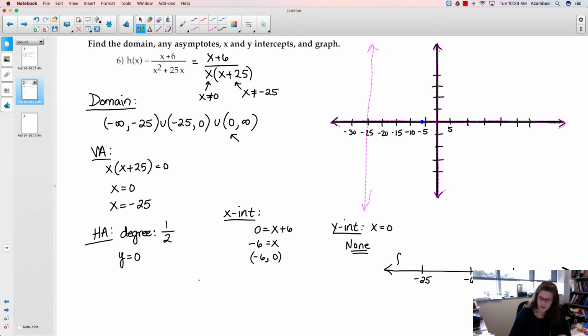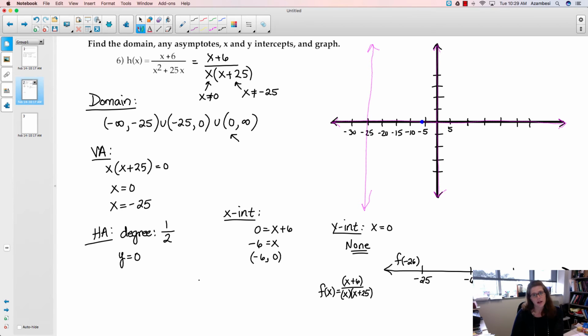So let's say that we try f of negative 26. Looking at my function itself, what I'm considering is f of x equal to x plus 6 on the top and x times x plus 25 on the bottom. And I'm going to figure out whether each one of those parentheses is positive or negative in each region.